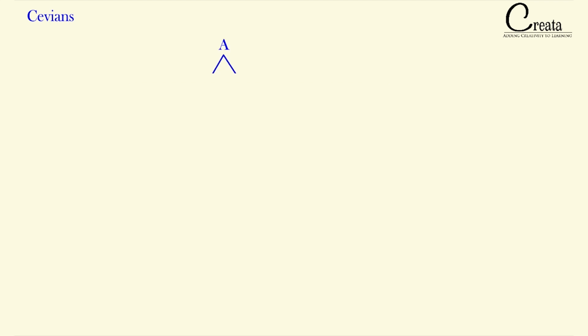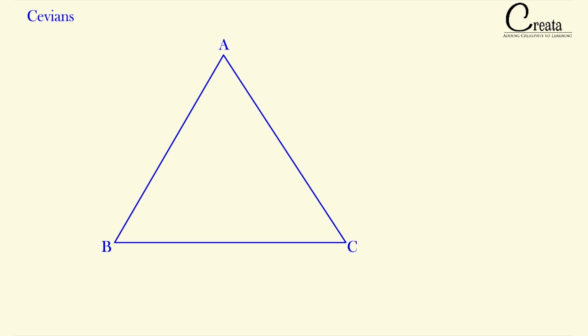For that, let's take a triangle ABC. This is a triangle ABC and AD is a Cevian. That is, AD is a line segment that is connecting the vertex with the opposite side, that is BC. D is not the midpoint, nor is this line perpendicular, nor is this line dividing the angle into two equal parts. Just AD is a simple line.